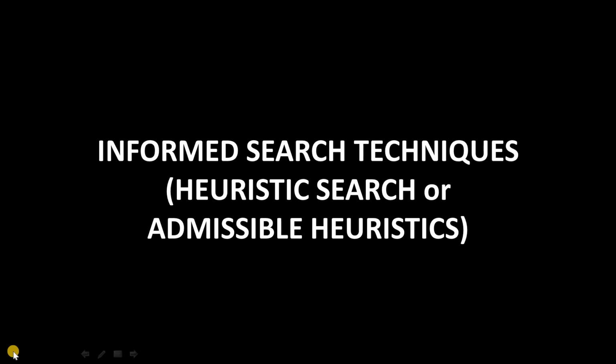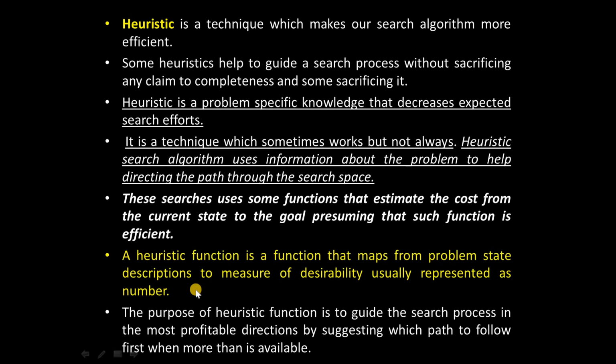So heuristic is also called heuristic search, and sometimes in the question paper we have seen it as admissible heuristics. So you can expect any of these three terms in your question paper. I've already told you heuristic is a technique which makes our search process or search algorithm more efficient.